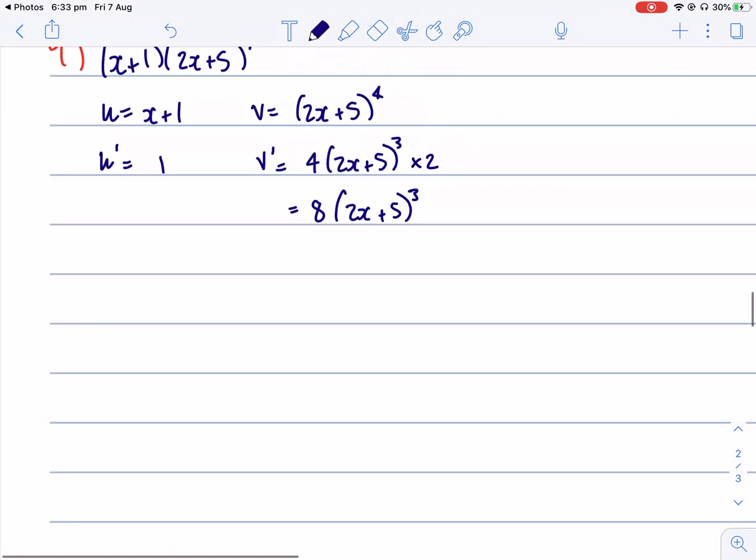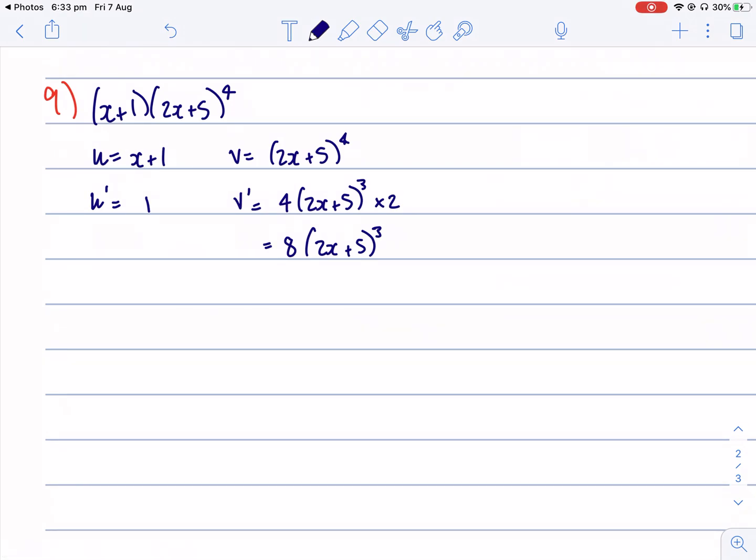Okay, so we've got (x plus 1) times 8 (2x plus 5) to the 3 plus (2x plus 5) to the 4 times 1.